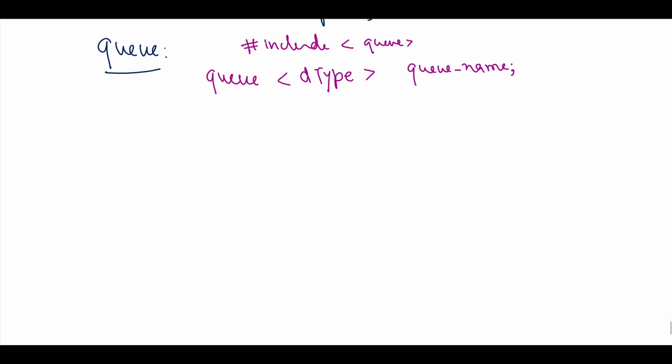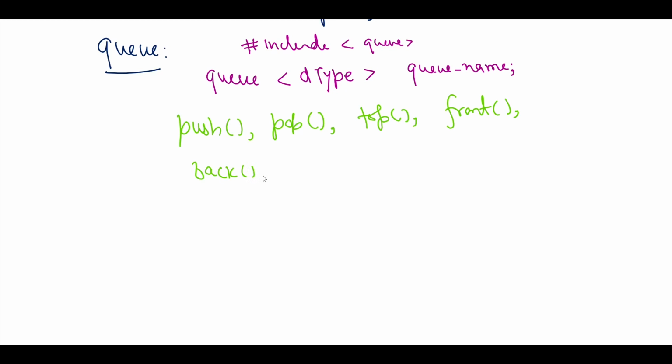We are not going to discuss this in much detail, but the following functions are used in queue, and these are similar to some other containers that you already know. You can try exploring these functions on your own, and if you have any doubt or query regarding any of these things, you can write in the comments.